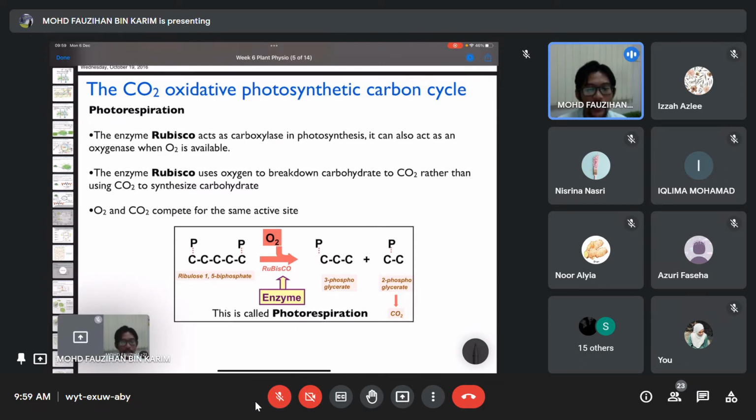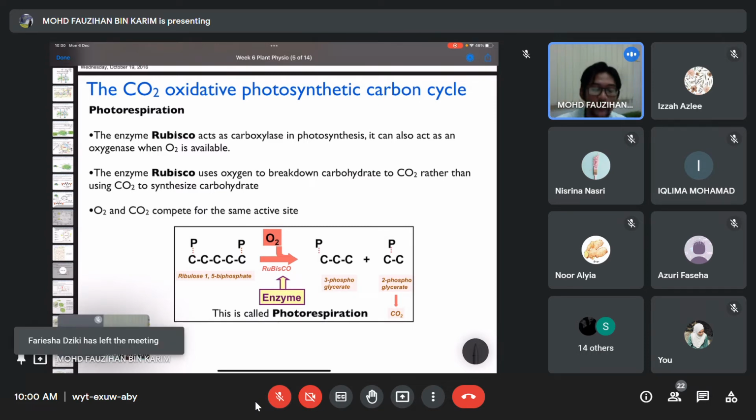So the energy comes from the electron carrier. Electron carrier got energy from where? From the electron. The electron got energy from where? From the light dependent reaction. That's why light is important, right? Go back to the definition, the conversion of light energy to chemical energy, right? Chemical energy stored in the form of glucose, right?